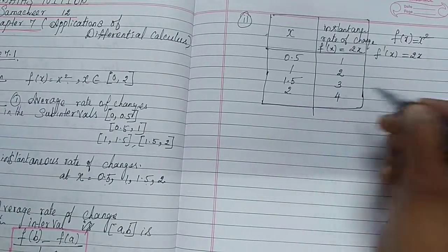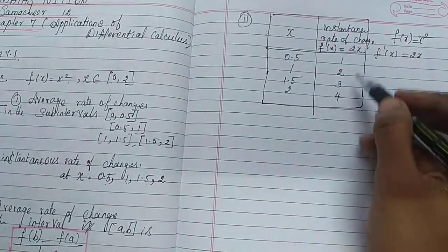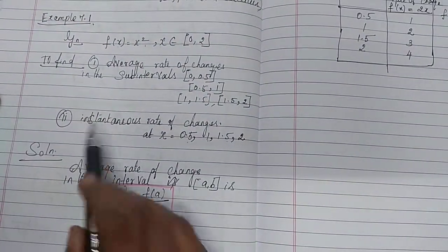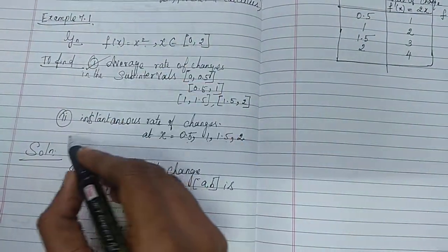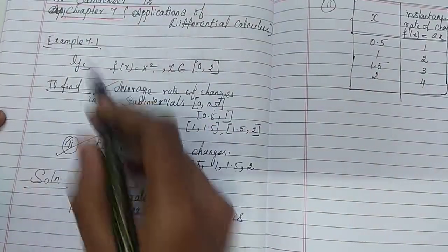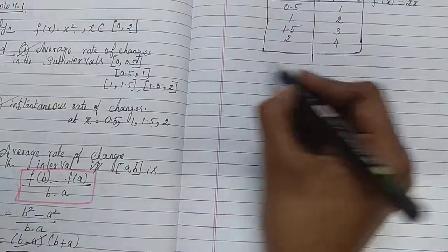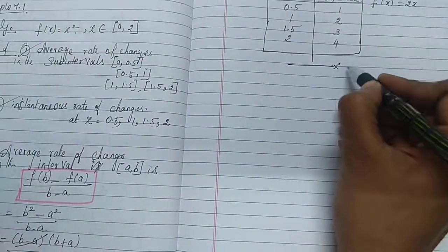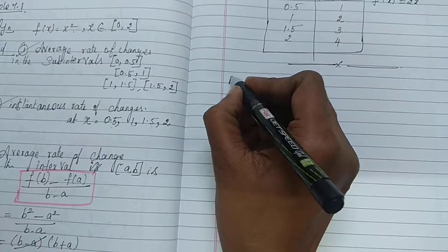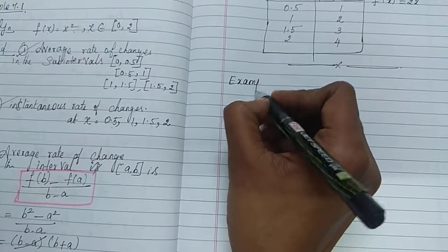And 2 twos are 4. This tabular column is the answer for division number 2. So number 1 calculated, number 2 also calculated. Therefore, question number 7.1 is completed. So now example number 7.2.